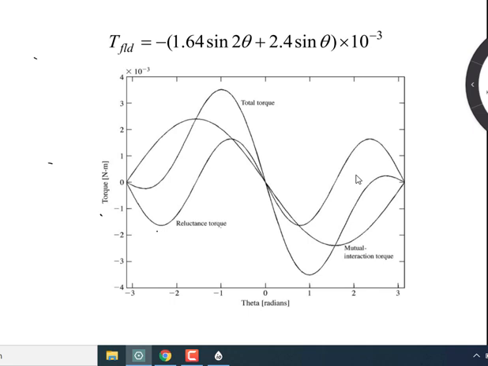Here you can see that this torque has two parts.